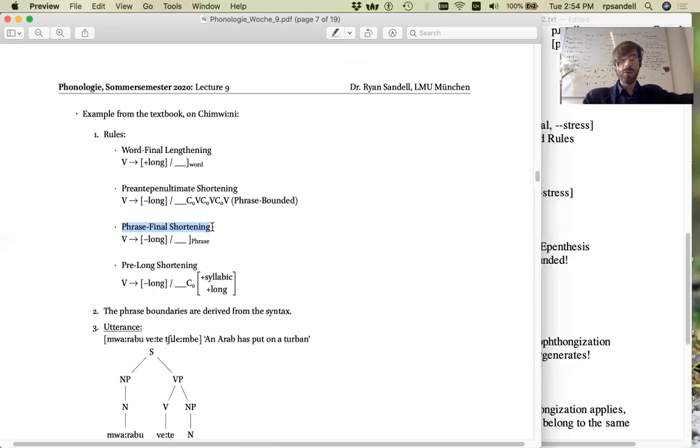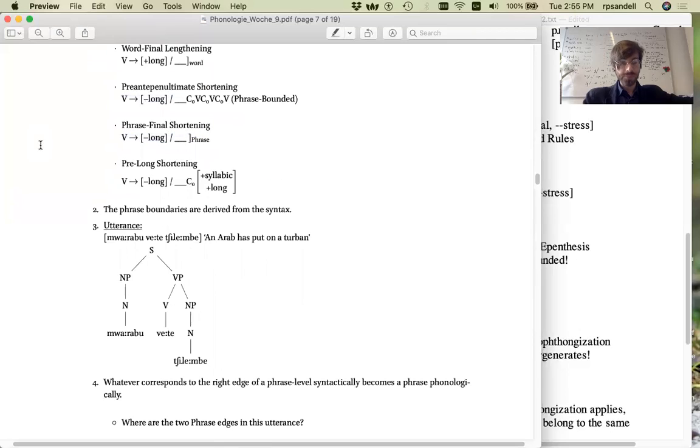Then a process which shortens a vowel at the edge of a phrase. And finally, a process which shortens a vowel if the immediately following vowel is long. So 4 rules which all have to do with the lengthening or shortening of segments, 1 rule which lengthens segments, and 3 others which can shorten segments.